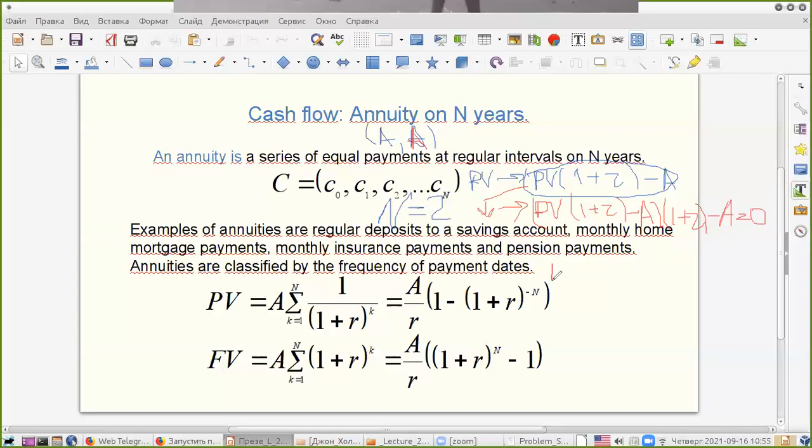So we have the present value multiplied by 1 plus r minus 1 on the left side, and A on the right side divided by 1 plus r.